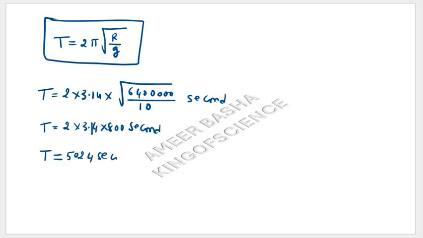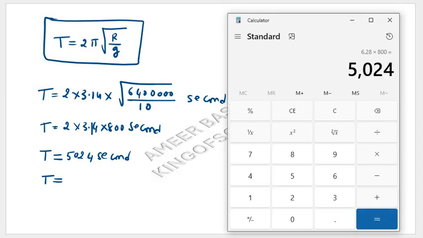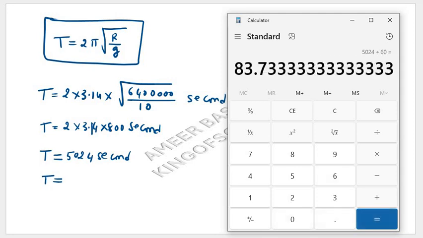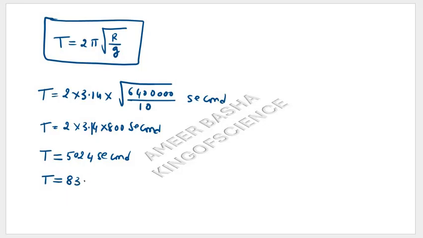Then they want it in minutes, so divided by 60, this comes out to be 83 point something, 83.77 minutes. They want it in hours, so 60 minutes is 1 hour.